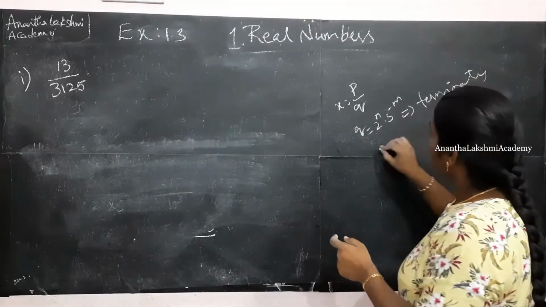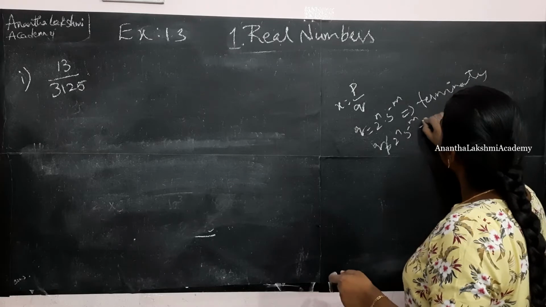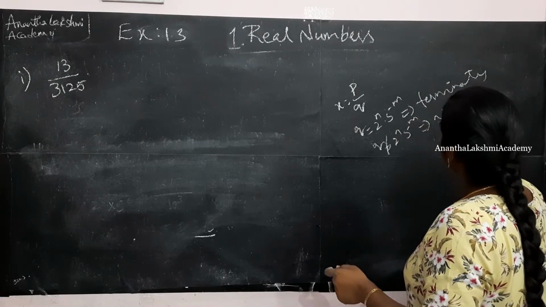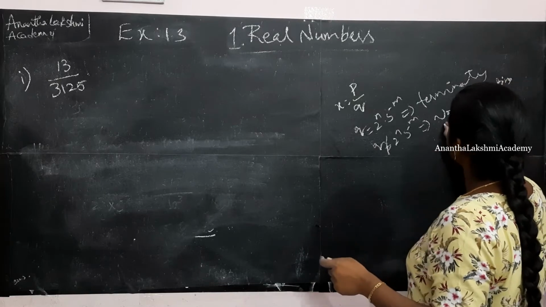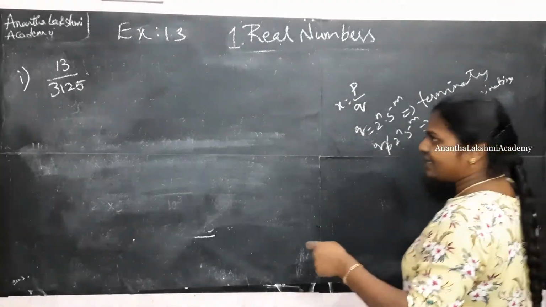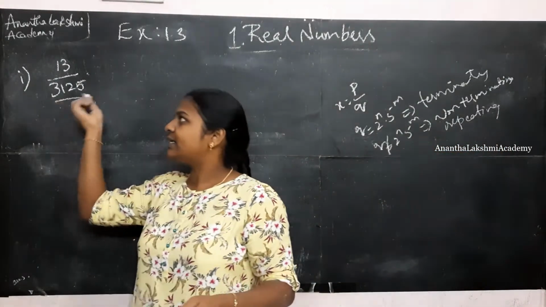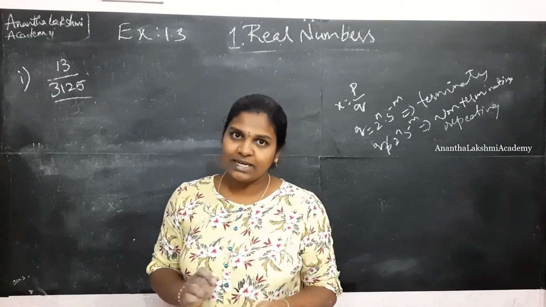If q is not of the form 2 power n 5 power m, then it is non-terminating and repeating. So what we need to figure out is whether this denominator can be expressed in the form of 2 power n and 5 power m.